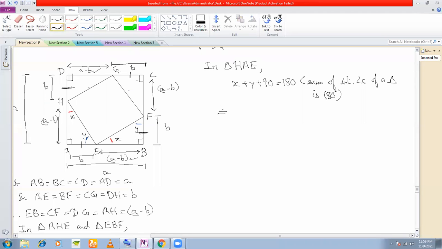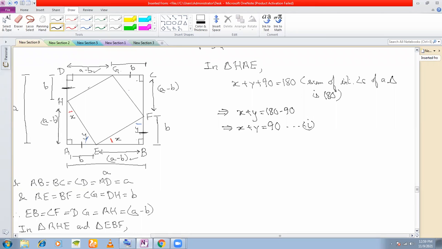That means what am I getting here? I'm getting X plus Y is equal to 180 minus 90. That means X plus Y is equal to 90. Call this 1. We'll be using this.